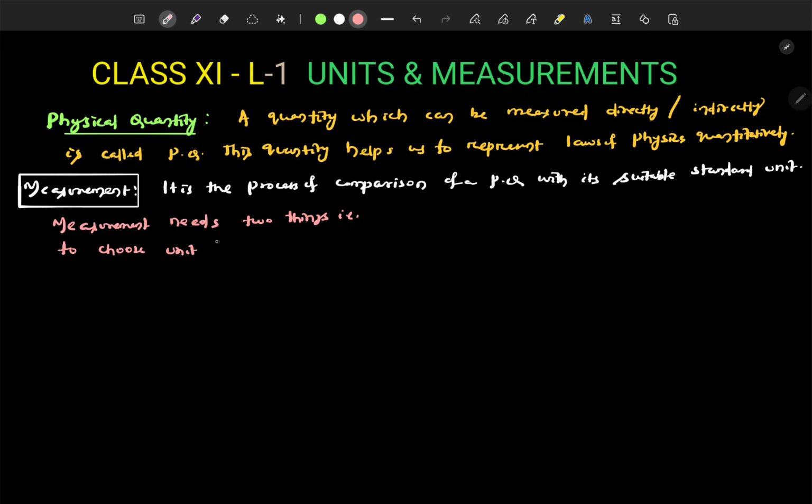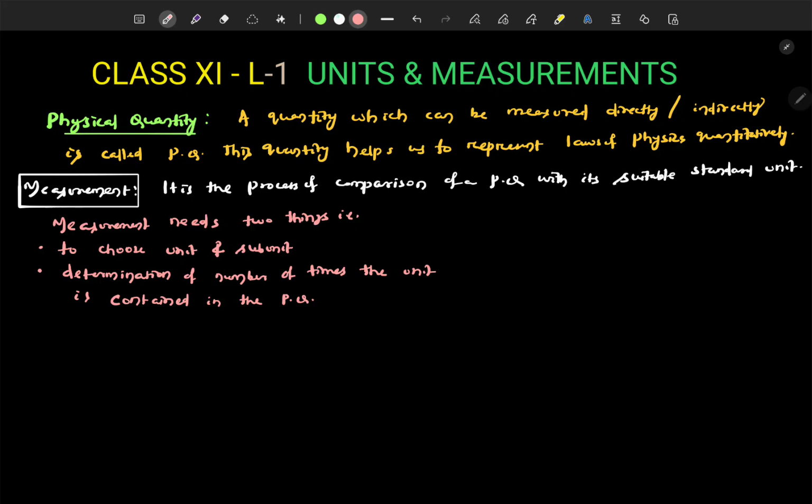Second, determination of the number of times the unit is contained in the physical quantity, that is, how many times the unit is contained in it.